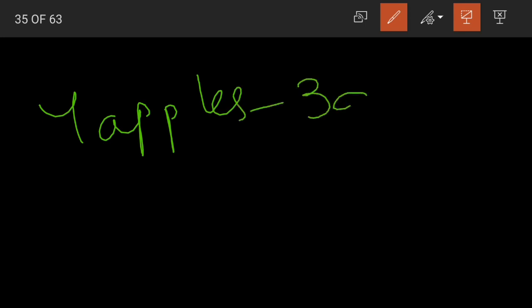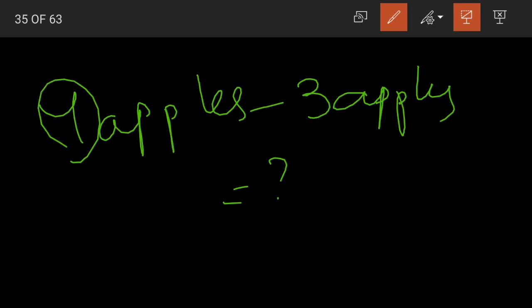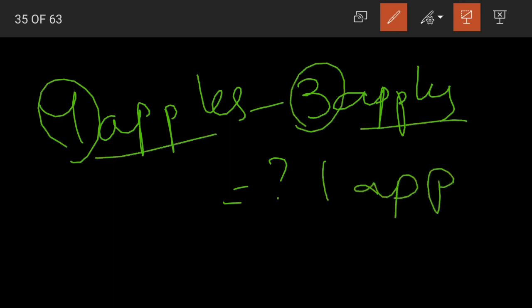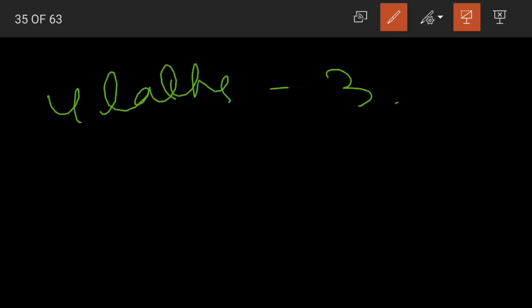Or else children, when I say 4 apples minus 3 apples is equal to what? Is equals to 4 minus 3, 1 and both are apples. So I will write apples. Yes, 4 apples minus 3 apples is equals to 1 apple. In the same way, when I say 4 lakhs minus 3 lakhs, what should the answer be?